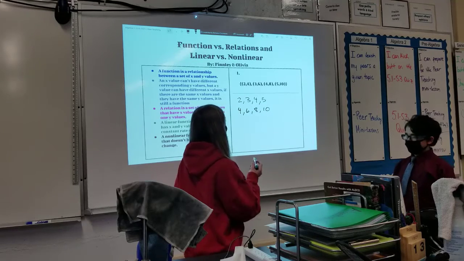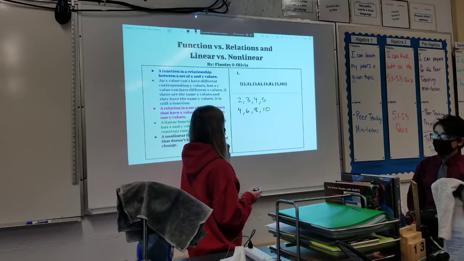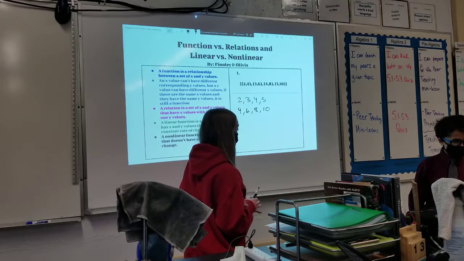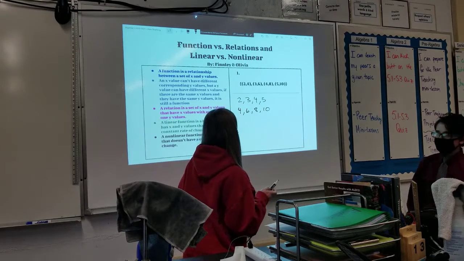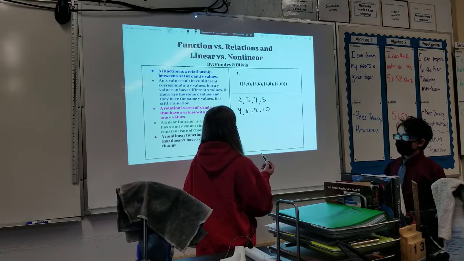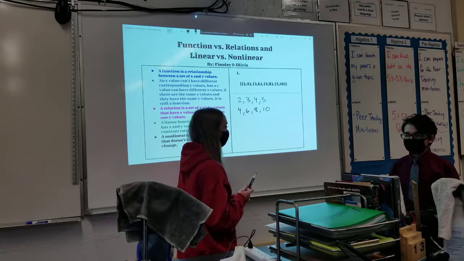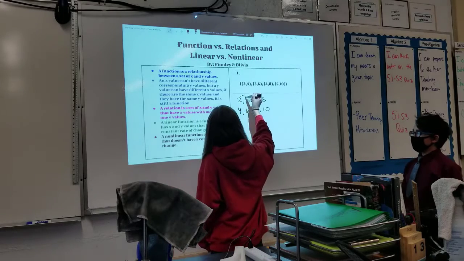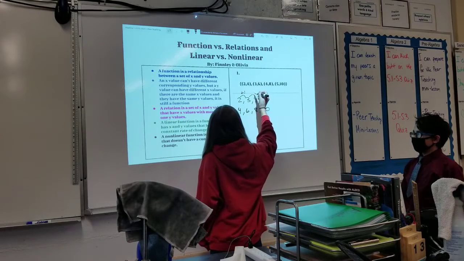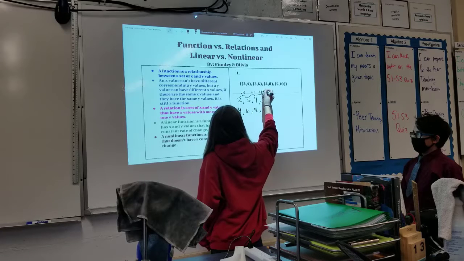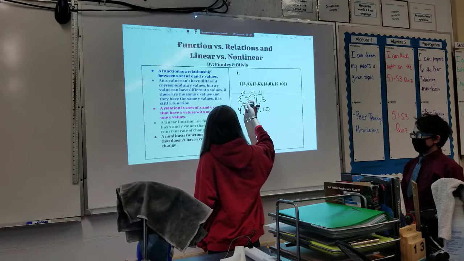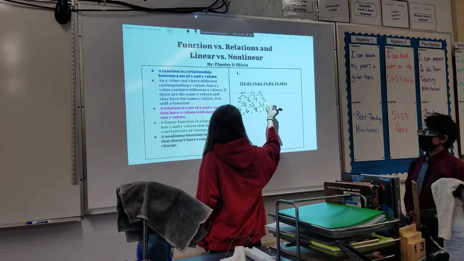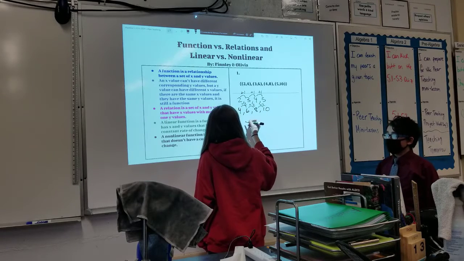So it's a function because all the x values go to different y values. And to figure out if it's a linear equation, you have to look for a constant rate of change. So +1, and then all these would be +2. So it's a linear function.